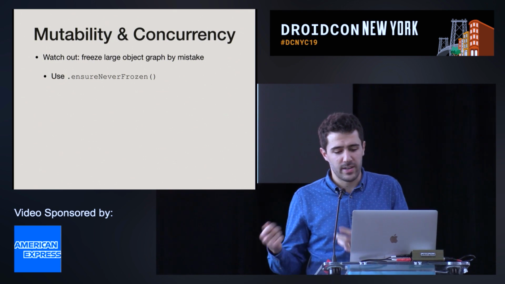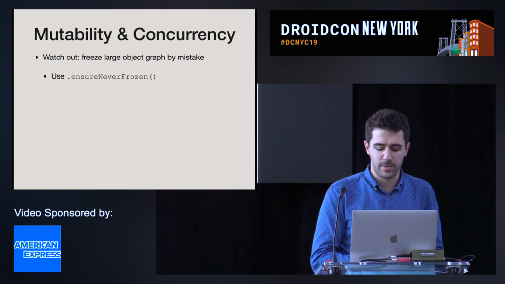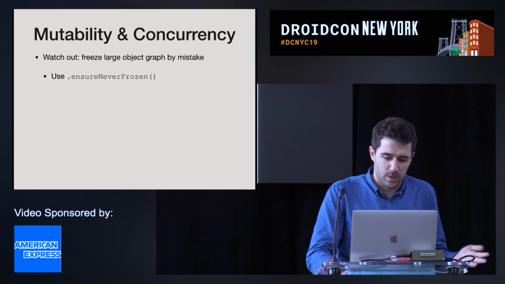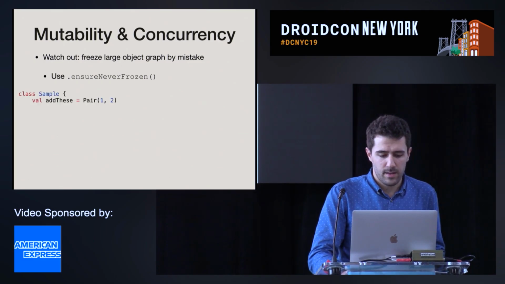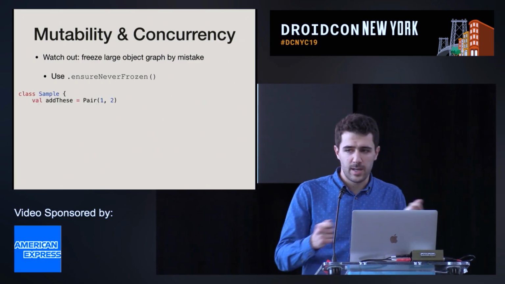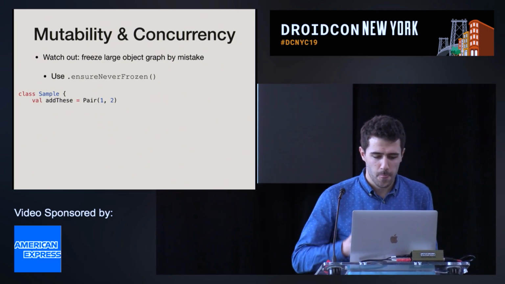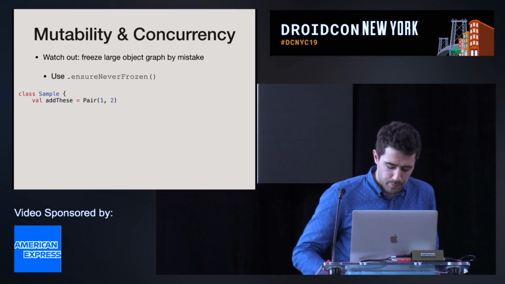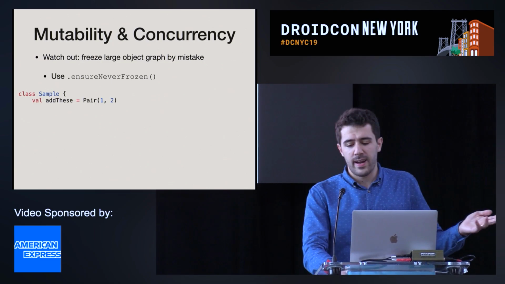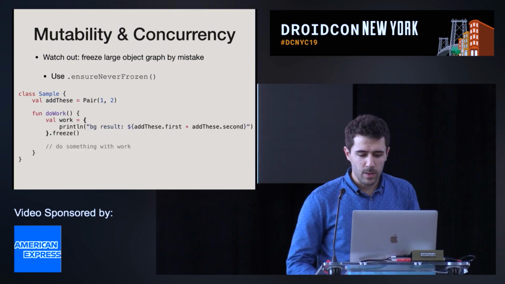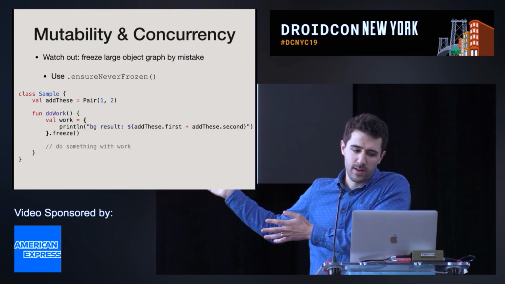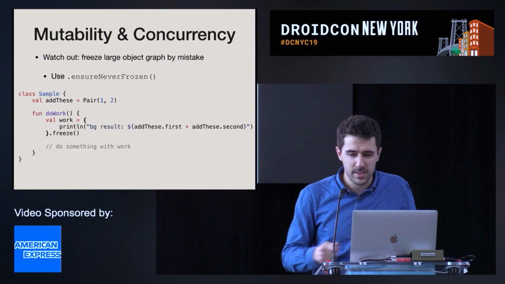So I want to show an interesting example that I've run into with this before. We're going to take the example from before and just lift it up into a class. So here, addThese is now an instance variable. Then we're going to create a function called doWork. It's going to take that work block I made before, wrap it into a lambda, and freeze it.